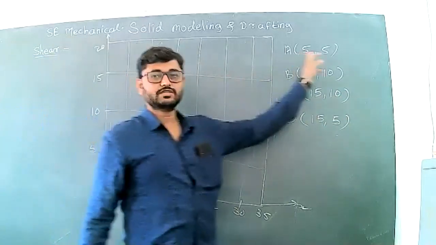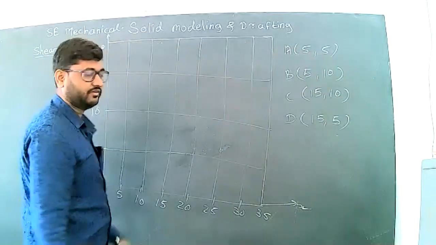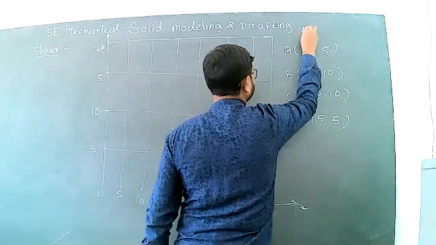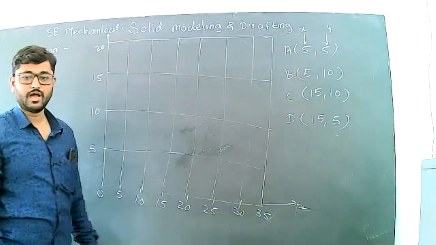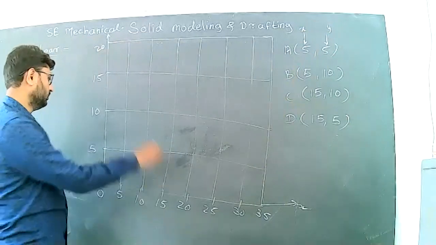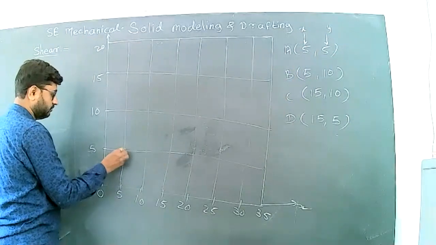Here, point A is (5, 5). That is, x distance is 5 and y distance is again 5.